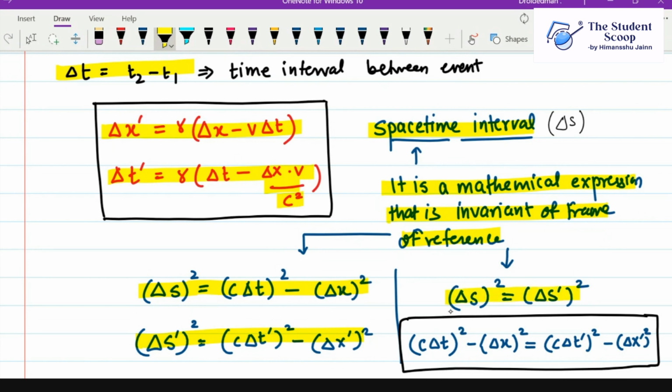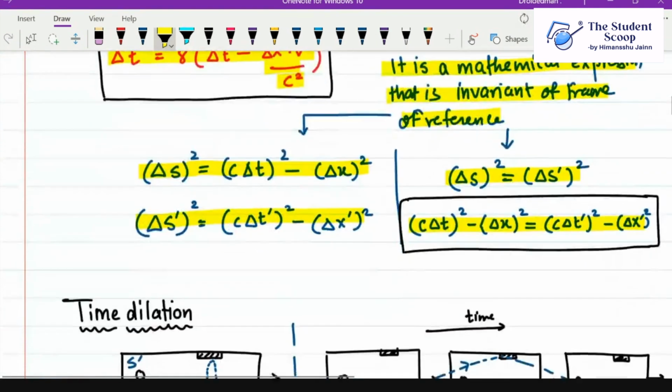The outcome of those equations builds a very unique equation that is very helpful in most scenarios: c delta t square minus delta x square should be equal to c delta t dash square minus delta x dash square. Here we need to know that if four variables are there, and any three are given, we can figure out the fourth one as well.